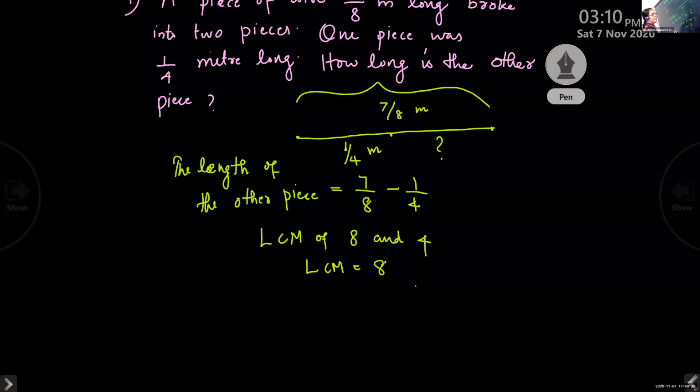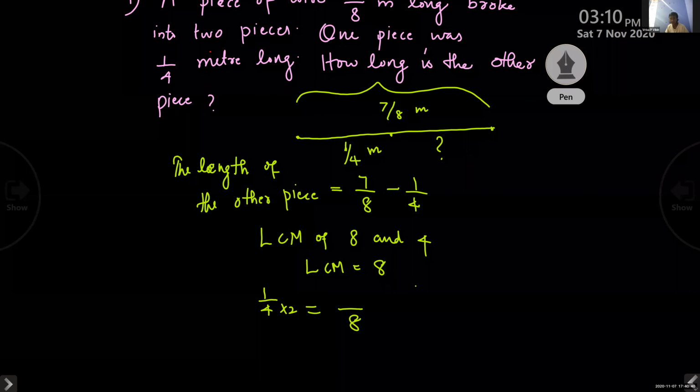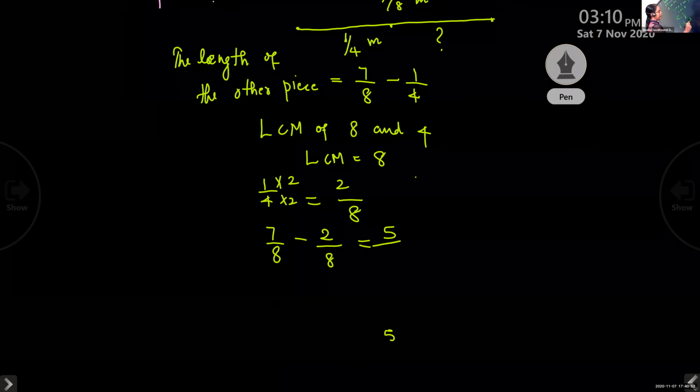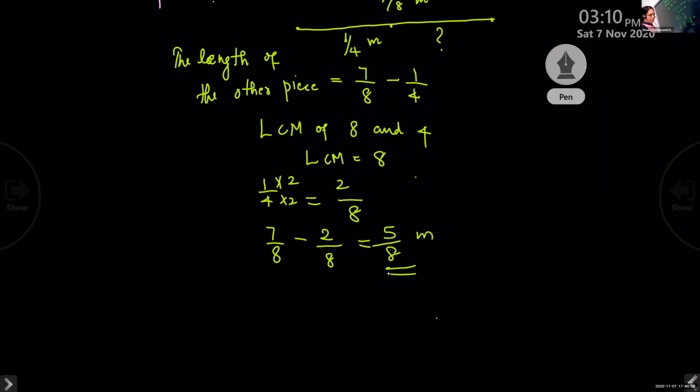For 7 by 8 there's no need to do anything, but 1 by 4 we can convert to 8ths: 1 by 4 into 2 is 2 by 8. Now we will subtract: 7 by 8 minus 2 by 8 equals 5 by 8 meter.